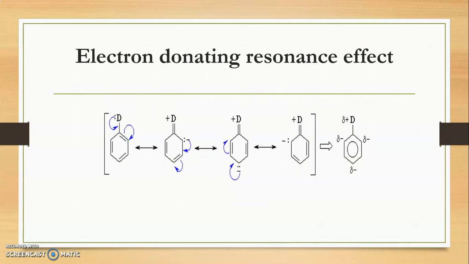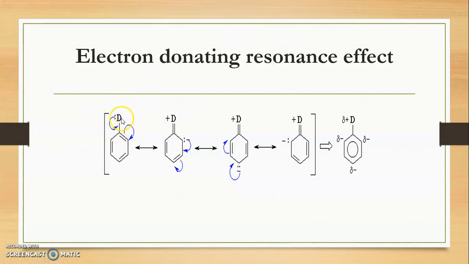Now as we have discussed, the resonance effect is shown by those functional groups which have a lone pair of electrons. Here you can consider that whatever the particular resonating group is, here we have considered it as D, and there is a presence of a lone pair of electrons.